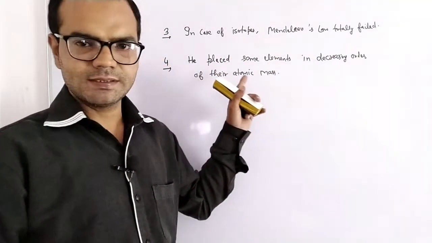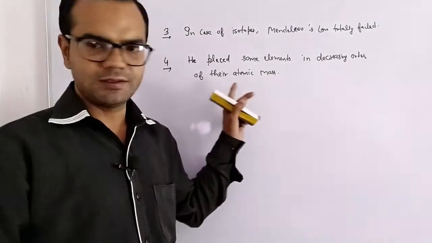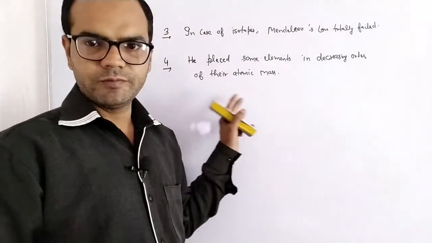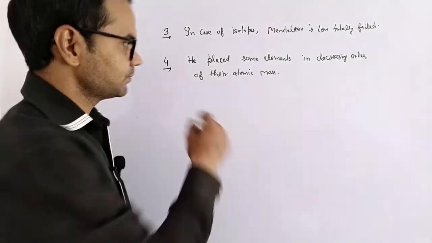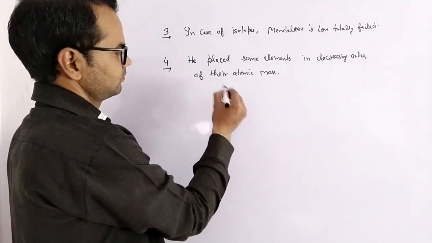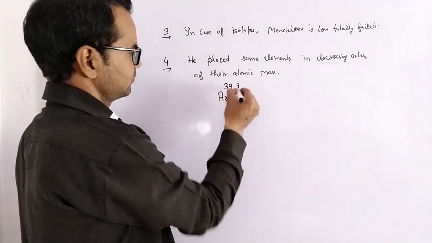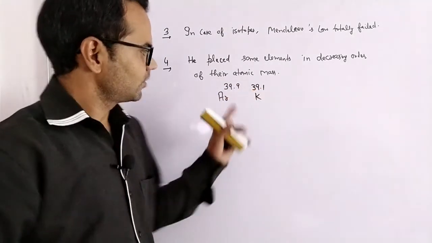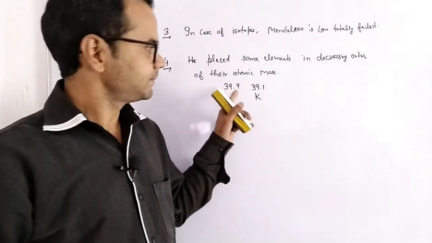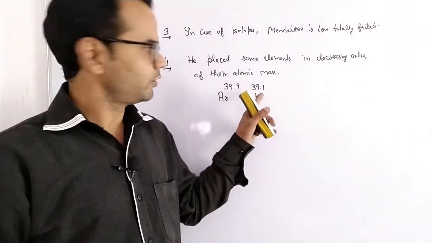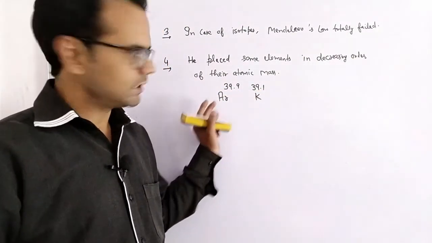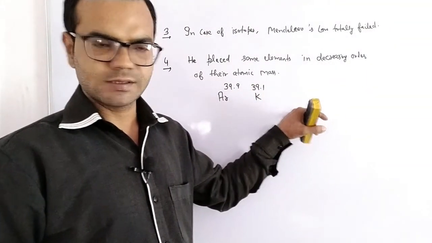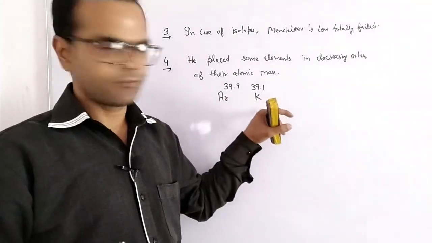But at some places, he arranged elements in decreasing order of their atomic mass. For example, he placed argon before potassium. The mass of argon is 39.9 and the mass of potassium is 39.1. So argon must be placed after potassium to maintain the increasing order of atomic mass. But argon was placed before potassium.